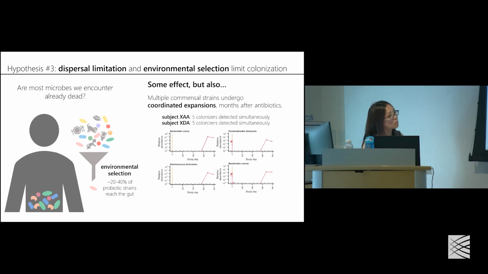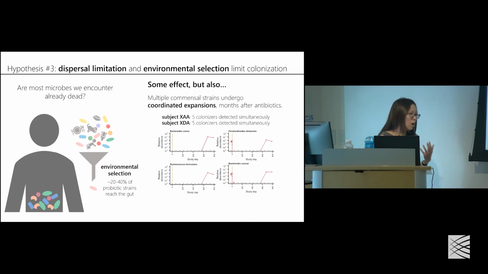But that is, in fact, what we see. In some of the subjects with lasting antibiotic responses, we detected a large proportion of colonizers at the same time. And as you can see from these colonization trajectories, they really seem to have very similar behaviors.